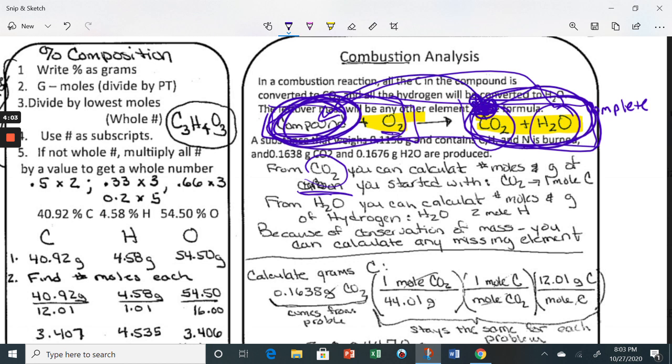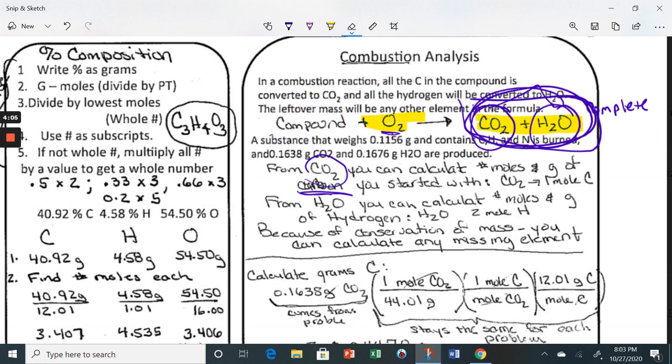And I'm going to erase this so you can see what I mean. Okay. The carbon in this compound here comes from the carbon in that compound there. And so if I know how much I have here, I had to have this much, because it's not going to be created out of the air. It has to come from here.